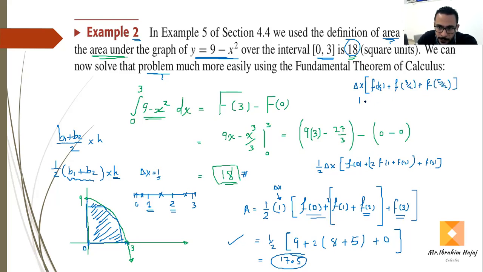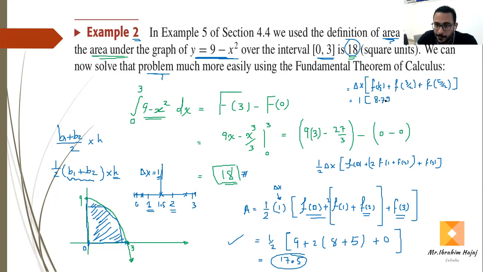The delta x, we said, is 1. f of half is going to be 8.75. Delta x represents the base, times the height, for example f of half, which is 9 minus 1 over 4, 8.75.